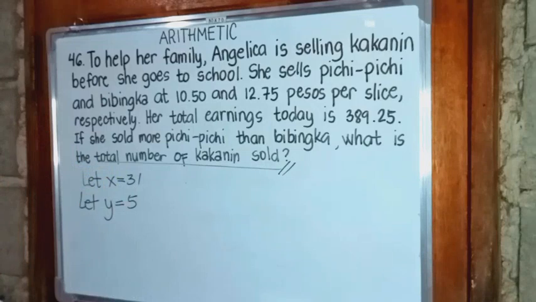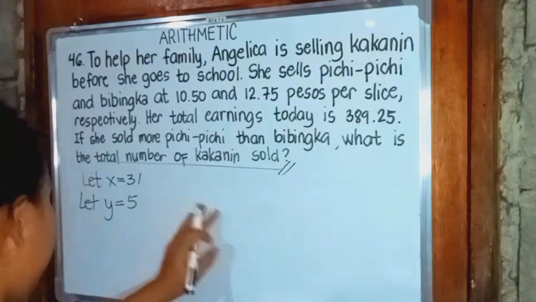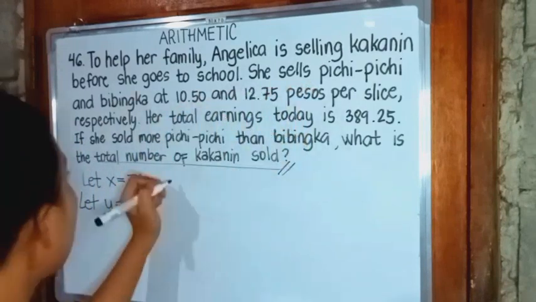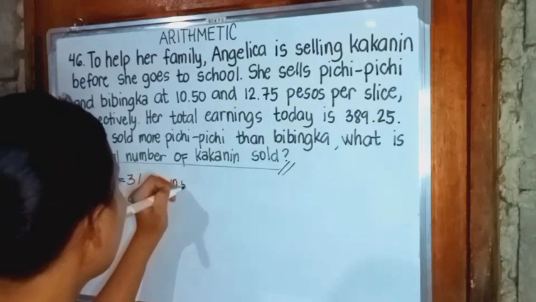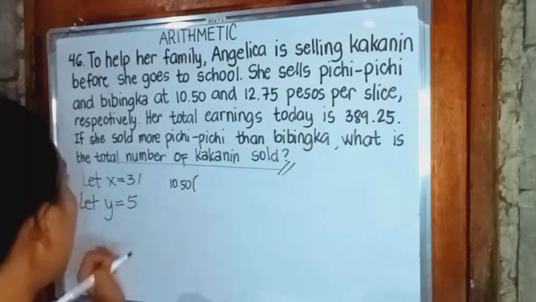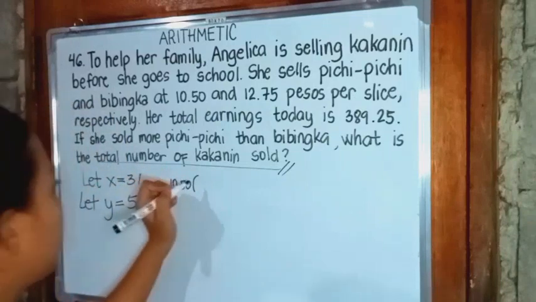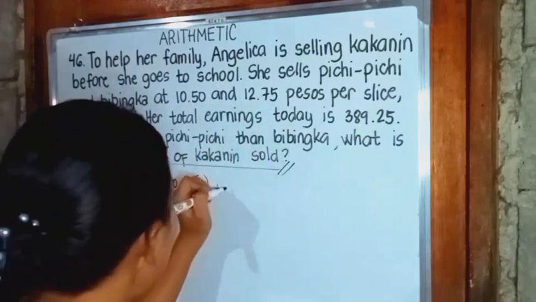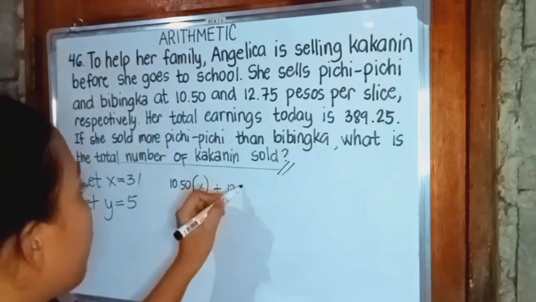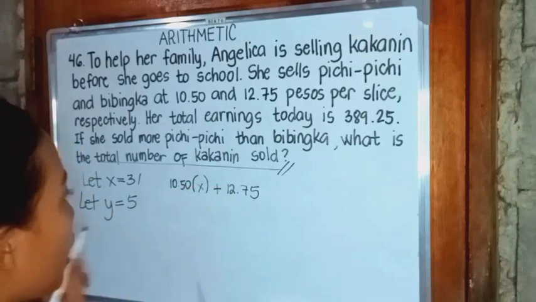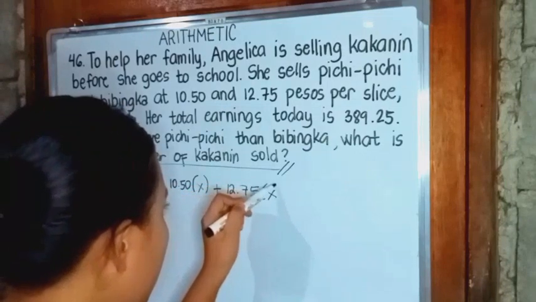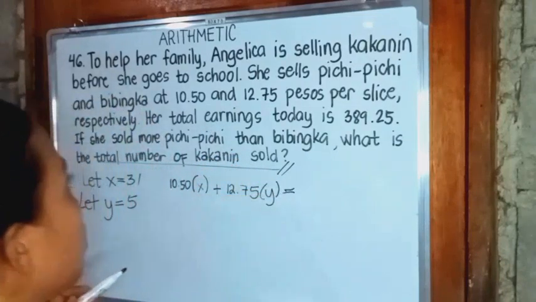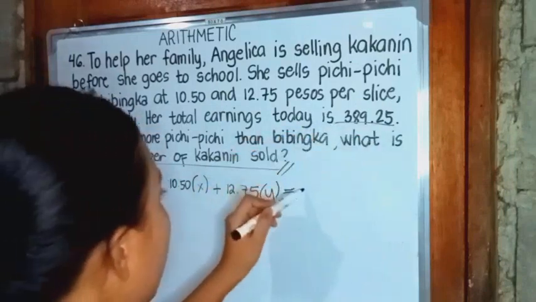The equation was the price of pichi-pichi, which is 10.50, times the number of pichi-pichi sold, which is x, plus the price of bibingka, which is 12.75, times the number of bibingka sold, which is y, is equal to 389.25.